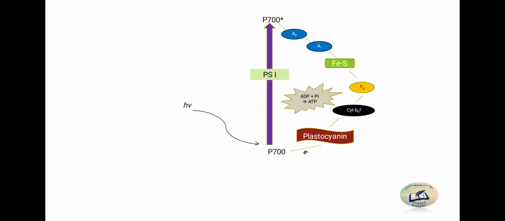So when will they lose energy? Let's see, where will they lose energy? While moving from the plastoquinones to the ferredoxin, from A1 to Fd, there is a release of energy which leads to the formation of ATP, where ADP and inorganic phosphate combine to form ATP. So there is one portion where ATP is produced. Now we have a second portion where more ATP is produced, that is near the cytochrome b6f complex.